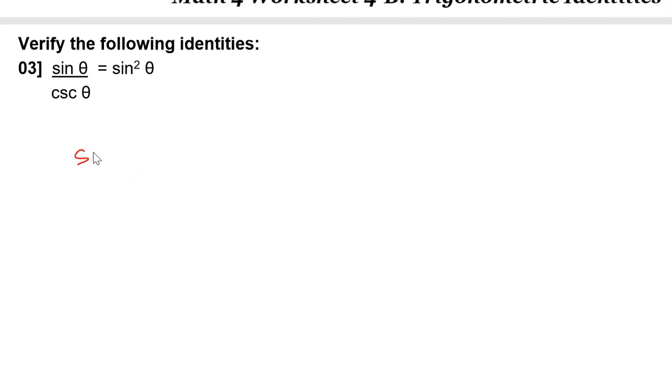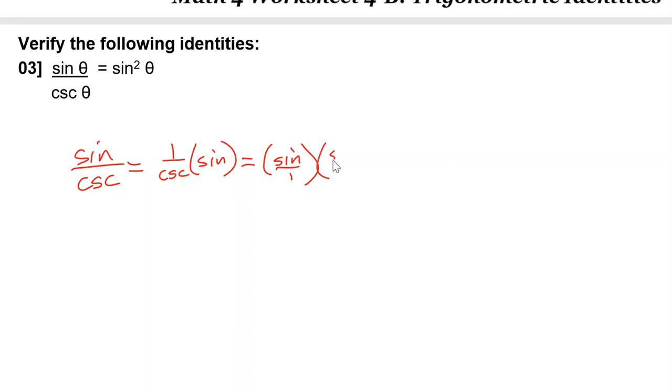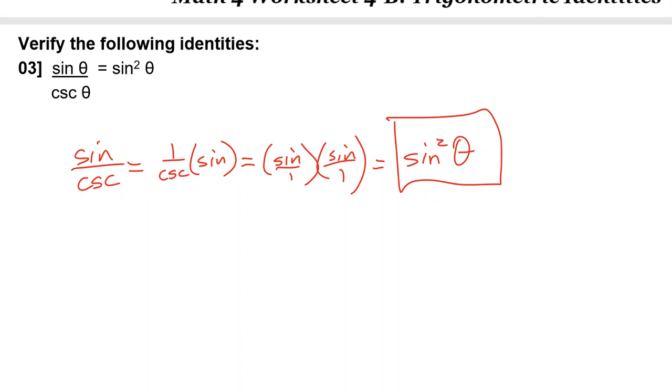Now, we're going to take sine over cosecant, and we're going to separate them into the fraction below and the one on top, which actually 1 over cosecant is sine over 1 times sine over 1, which is sine squared of theta.